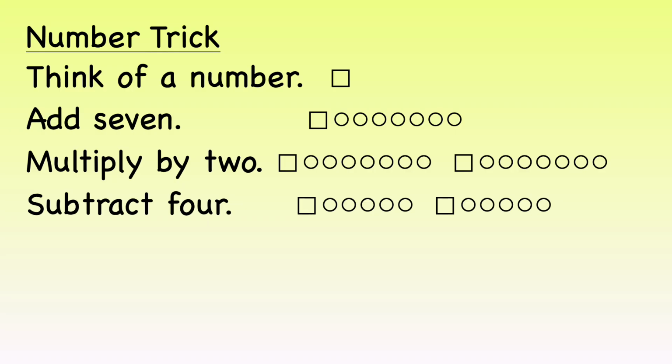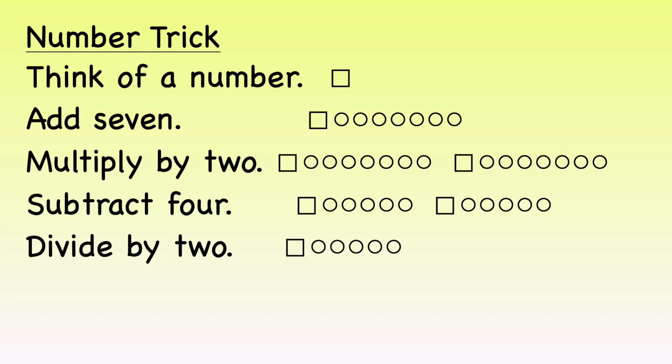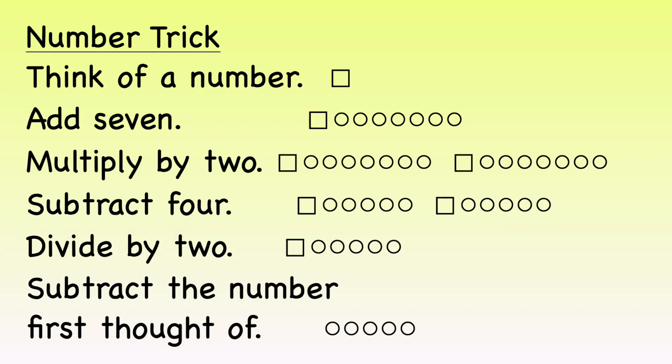Subtract 4. I took 2 pennies off of each group. Divide by 2. Well, I had 2 identical groups, so now I just have one of those groups. It contains a box and 5 pennies. Subtract the number that I first thought of, which was the box, and I am left with 5.